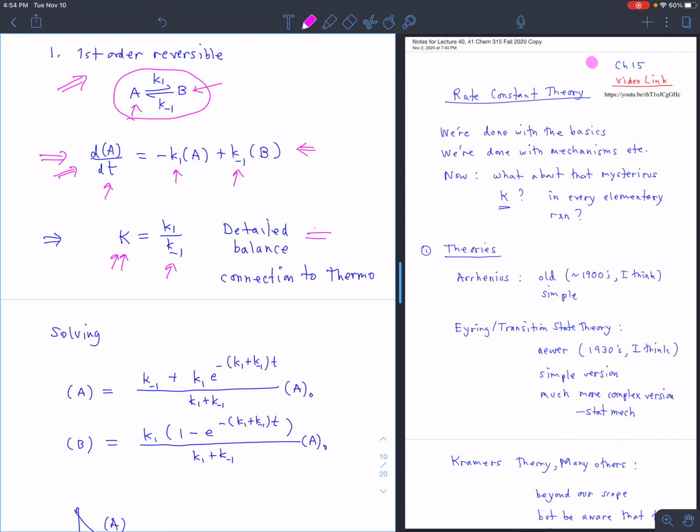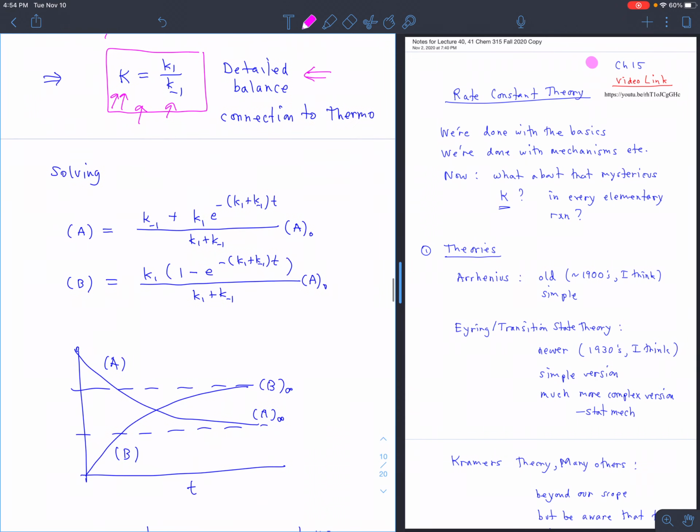That's called detailed balance. And the important thing about it is that it gives us the connection between thermodynamics and kinetics. Kinetics contains the thermodynamics, as I've said before, and this shows at least one version of how that containment occurs.